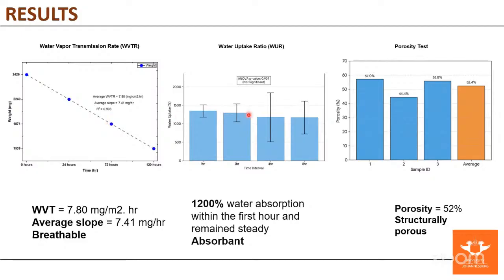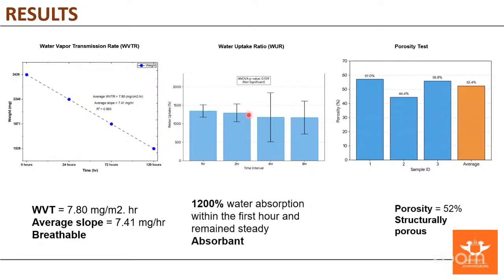Then our water uptake ratio study showed us that the fibers first off can absorb up to 12 times their initial weight within the first hour. And then they became stagnant after that. They weren't taking more and they weren't losing water.